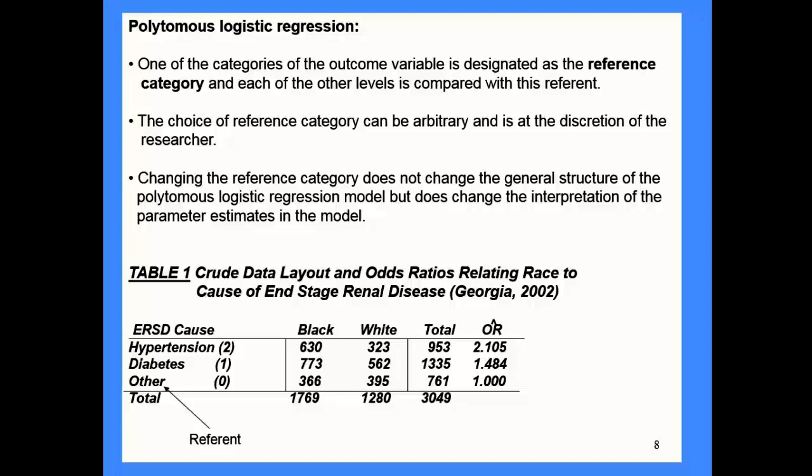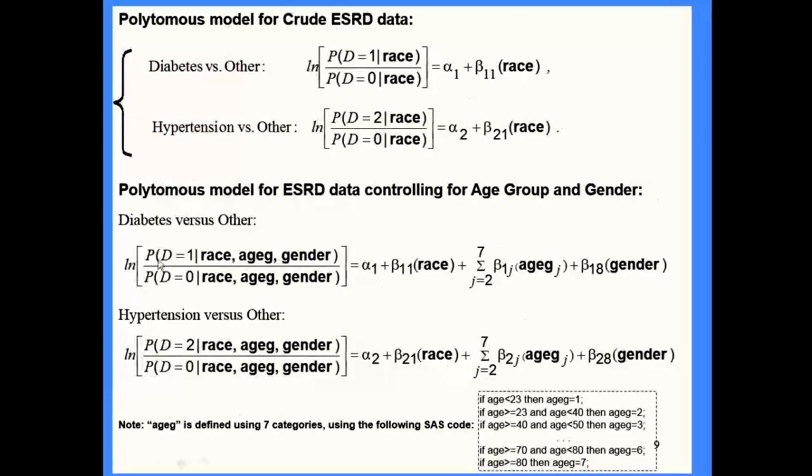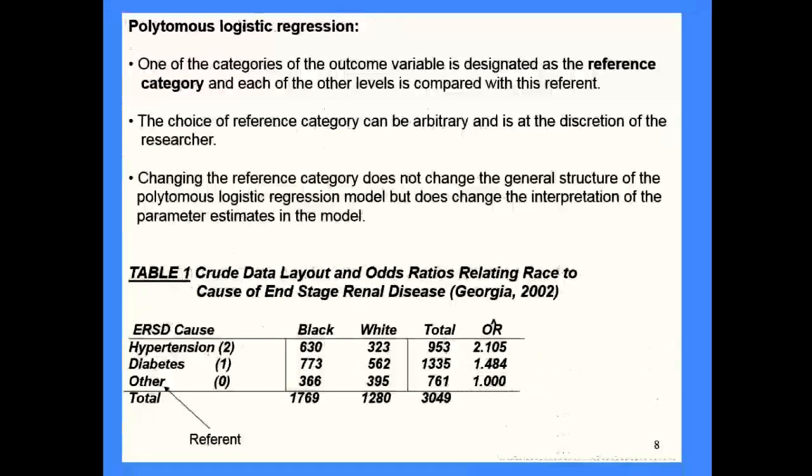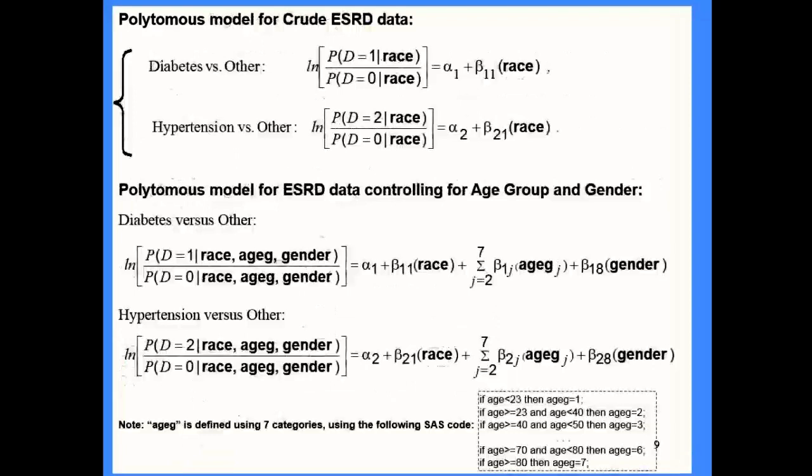Here you're getting two odds ratios, and there's a way to do this using a model. Here's the model. It's a little tricky, because the model for polytomous logistic regression has two components. Why do you think it has two components? If you go back to the table, you're going to get two odds ratios because you have three categories. So it's not essentially a single model.